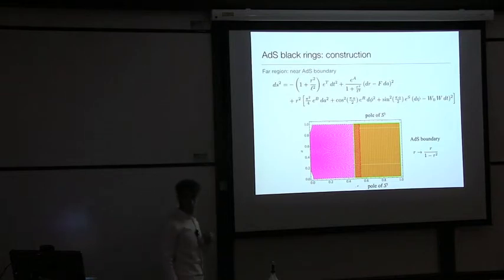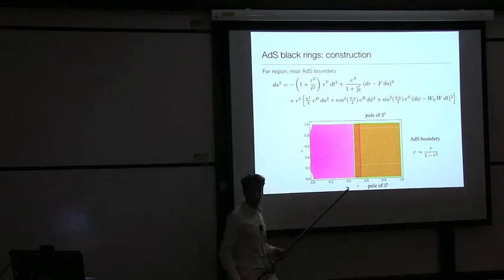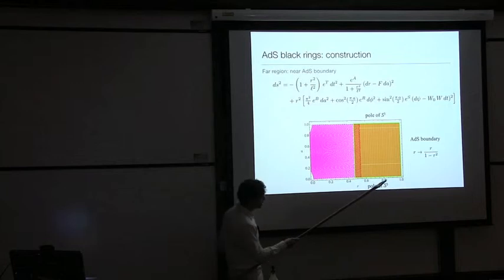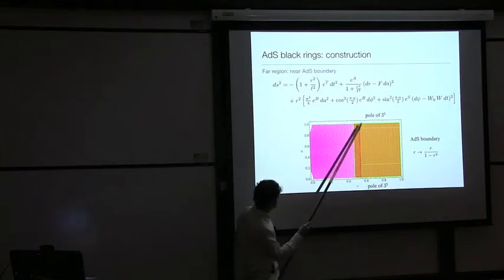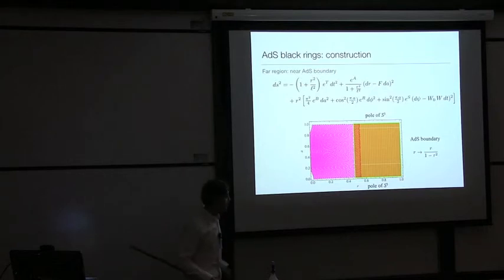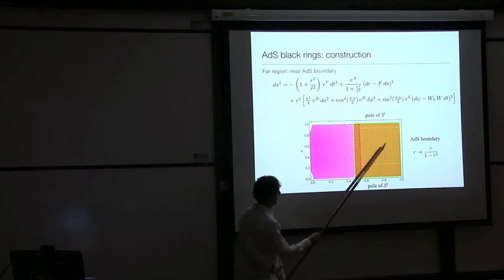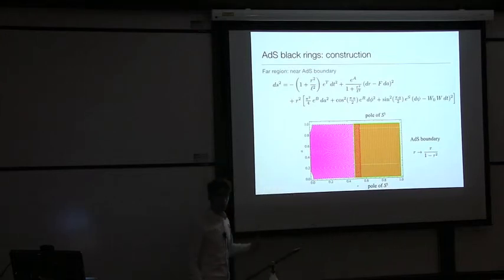So this is the far region coordinate, and in these coordinates, basically the domain looks like this orange rectangular region, where all these green corners, these boundaries, are where we impose just standard boundary conditions like regularity at the poles of the S3, and we fix the metric at infinity so that the boundary metric is that of the static Einstein universe.